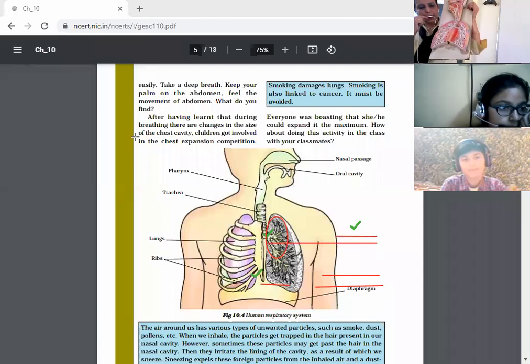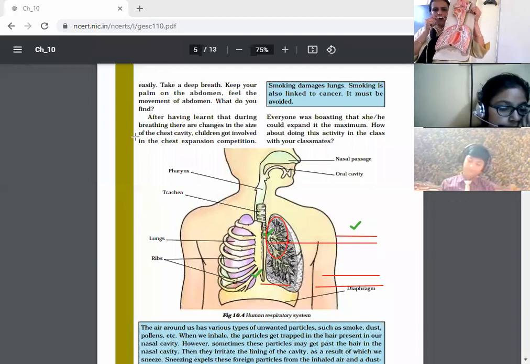So these are the lungs, and at the base of the lungs here is a muscular sheet, which is known as the diaphragm. Here is that sheet. This is the diaphragm, and we have already done what happens during inhalation: the diaphragm moves down, and again during exhalation it comes up.